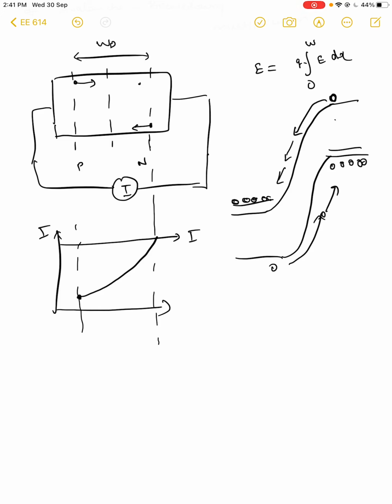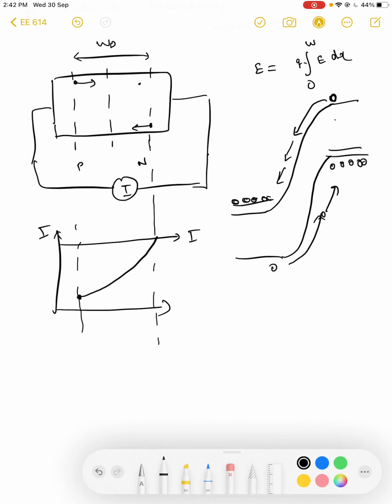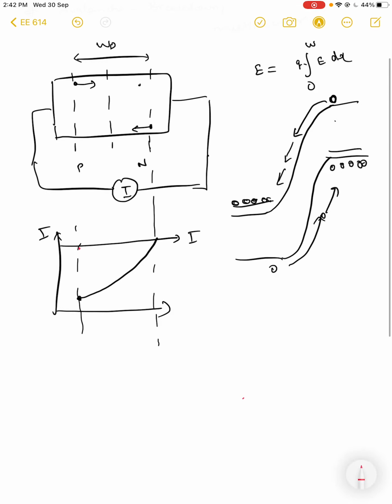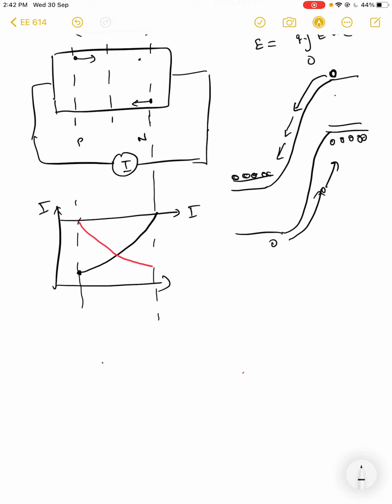Similarly, the same thing happens for the electron from the other side. So this will be IP0 before it enters the depletion width, and this is IN0. Taking 0 as the start of the depletion width, it reaches the maximum value I at the end of the depletion width.